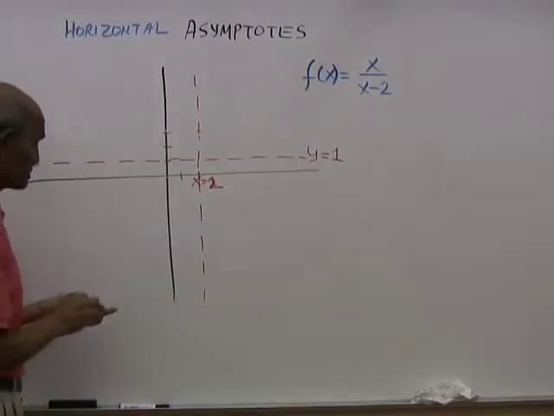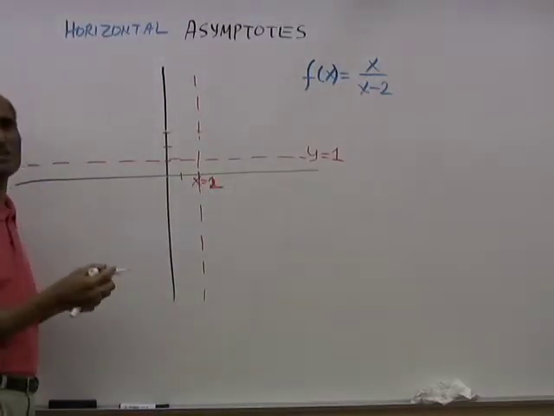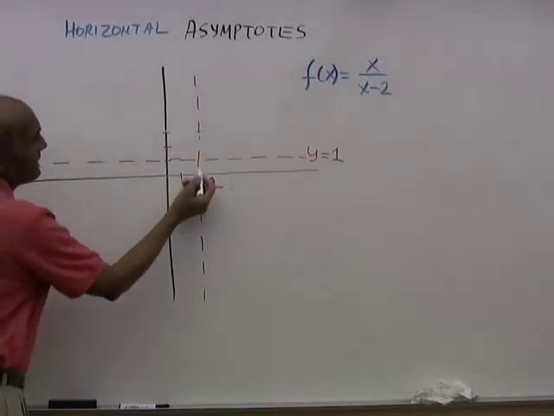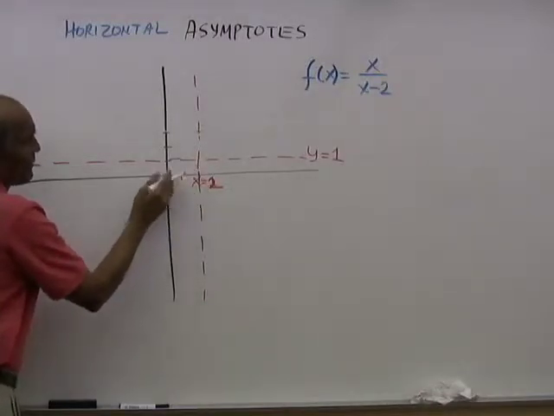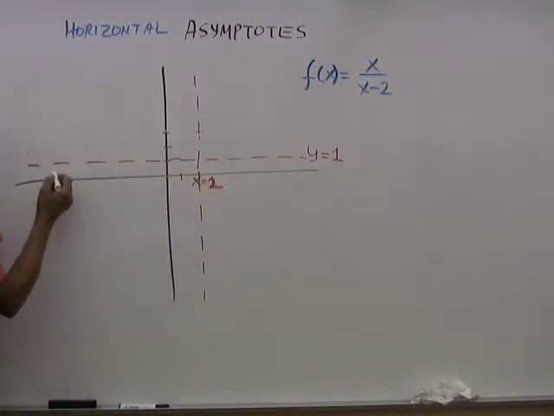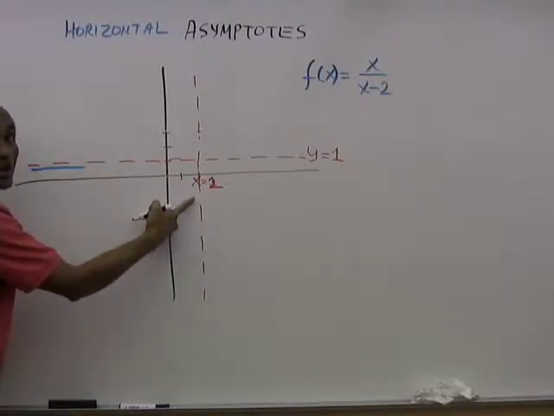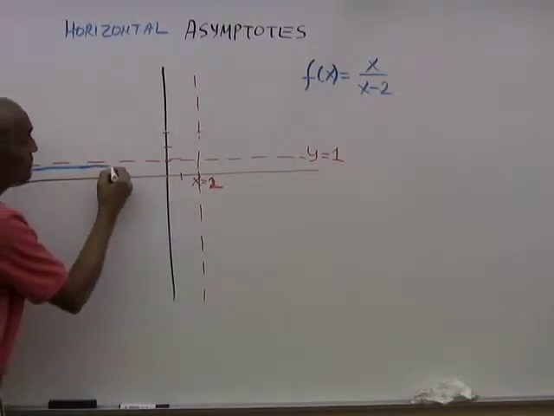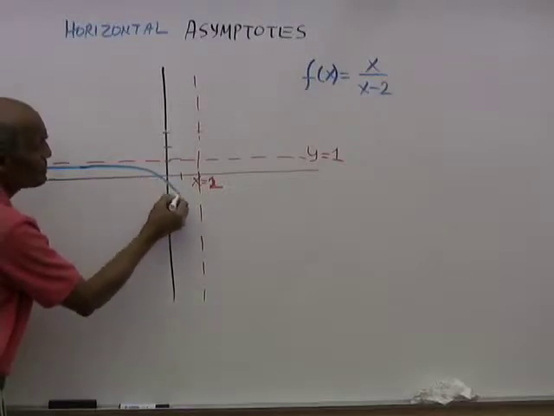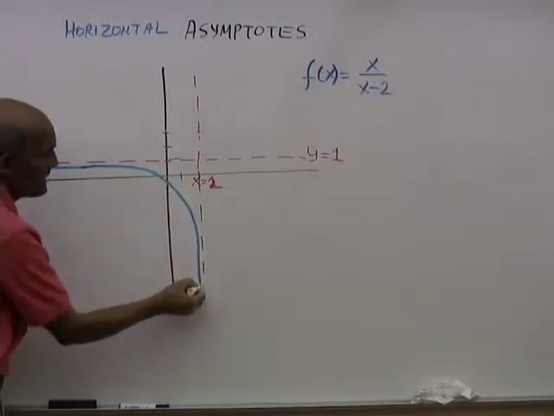So can you draw the graph of this? Well, let's sketch it. For very large values of x, the function value is very close to 1. But as it gets closer and closer to x equal to 2 on the left, the function will go to negative infinity.